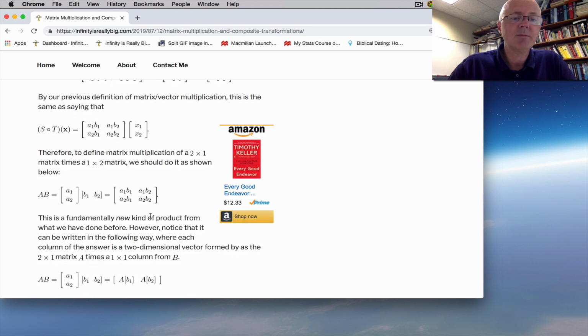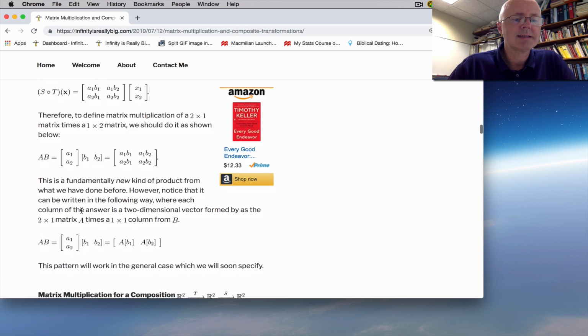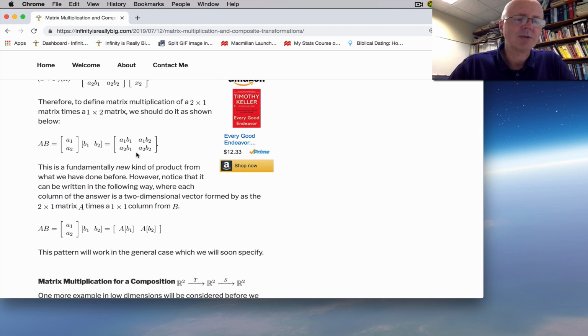So the product of these two matrices, A and B, better be this matrix. Again, this is a new way to think of this because this is not really a linear combination of the columns of A with the entries of this as the weights. Not in the same kind of way, at least. Think of this matrix as consisting of two columns, which are a 2-by-1 matrix times a 1-by-1 matrix. You can think of it that way.